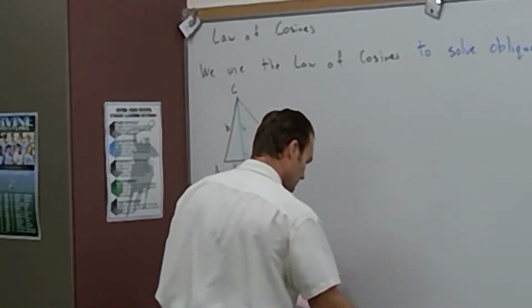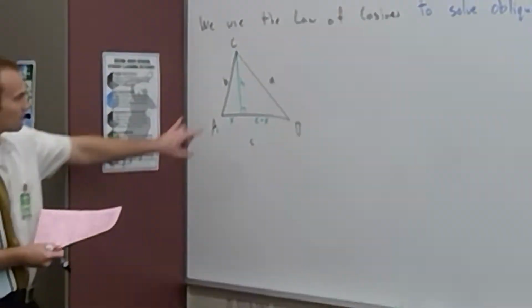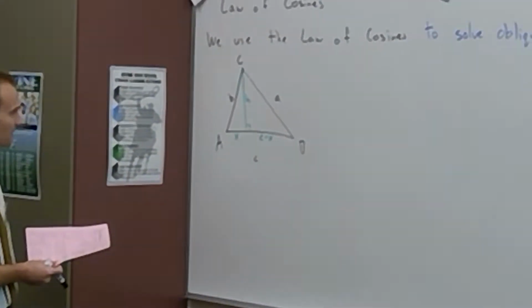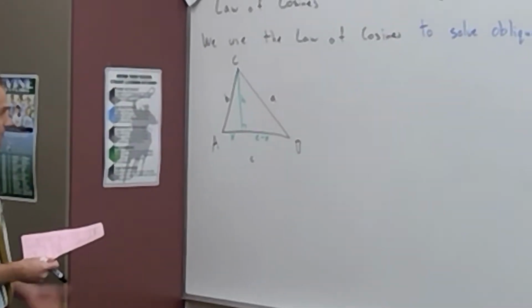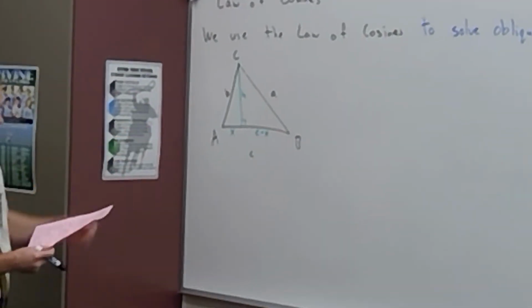Now, I can use right triangle trig on either of these two right triangles that I've created. And I can also use the Pythagorean theorem, right? All that fun, good stuff, because I've created some right triangles here.